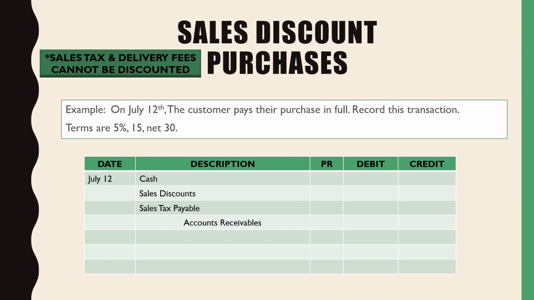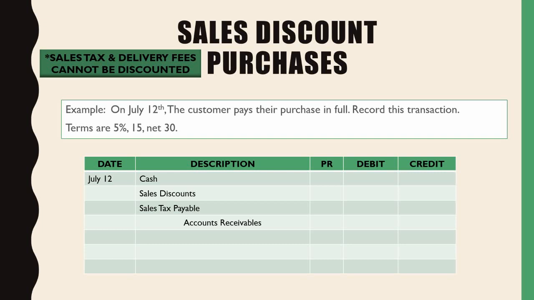All right. So again, he's paying us off, right? Whether we receive cash, in this case, he paid us in full, right? So we're receiving some form of cash, either cash or check. We know that we have to apply the sales discount, and we need to also give back a portion of their tax, which we know the discount was $50.